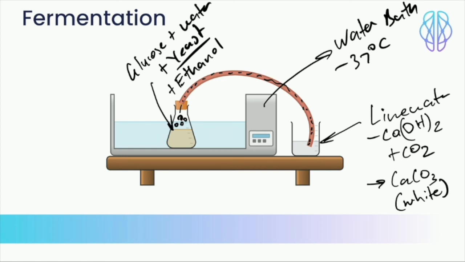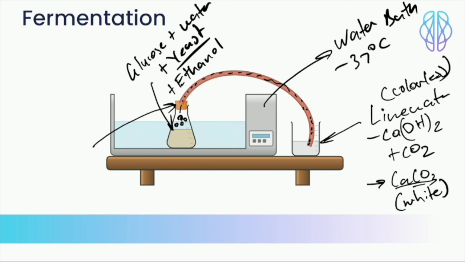So lime water, which is initially colorless, once that CO2 travels and bubbles into it, forms calcium carbonate, which gives it a nice milky white texture. In this way, if you initially have colorless lime water and you bubble a random gas in and it turns milky white, you've proved that the gas you're bubbling in is carbon dioxide.